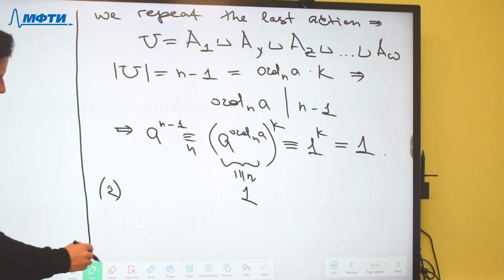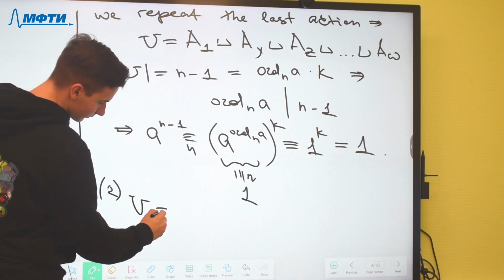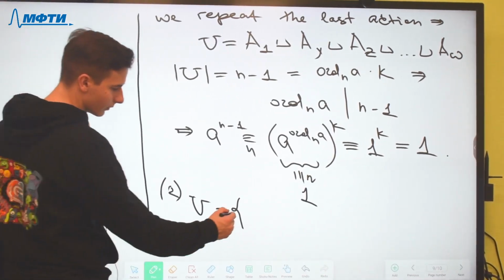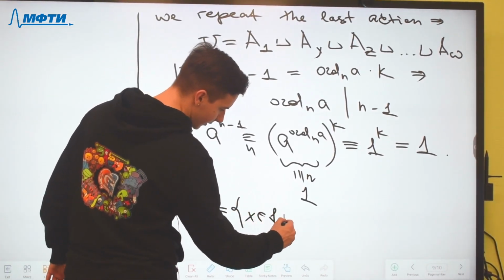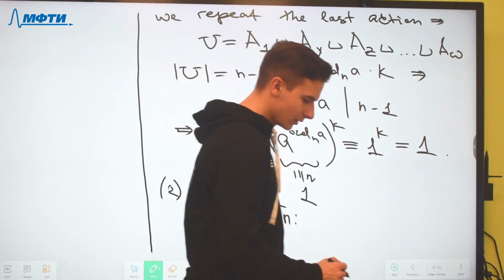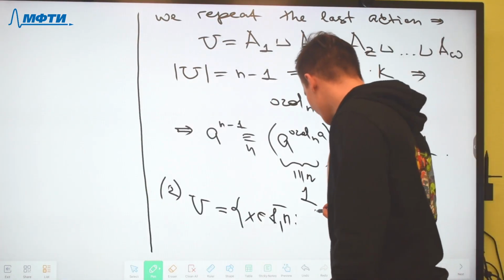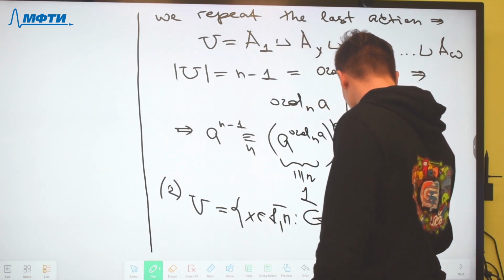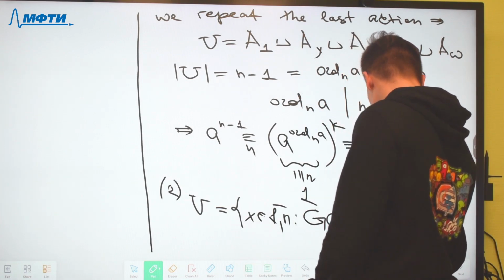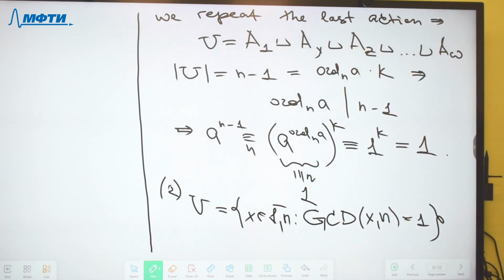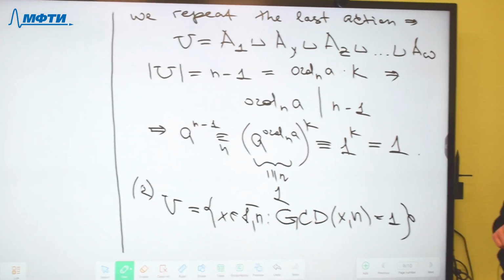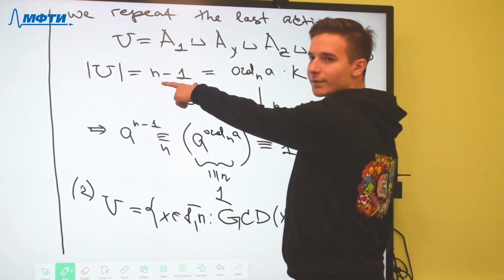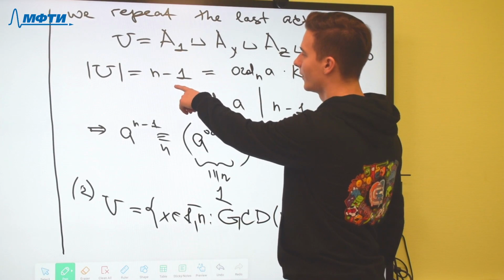And in a general way we can redefine U as the set of numbers from 1 to n such that their greatest common divisor with n is equal to 1. And then we get here not n-1, but the Euler function of n.